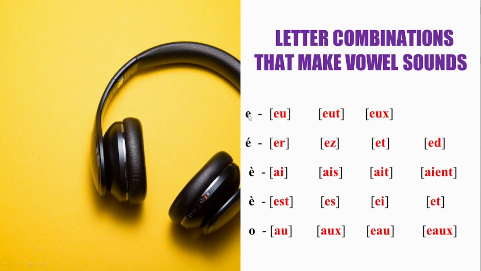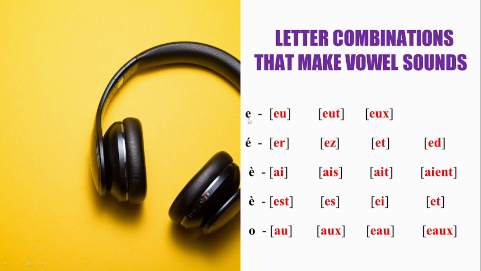So without any accent, you have EU, which is also pronounced the same; EUT, which is also pronounced the same, because T at the end of any word is usually silent, right? And then we have EUX as well, because X is also silent.